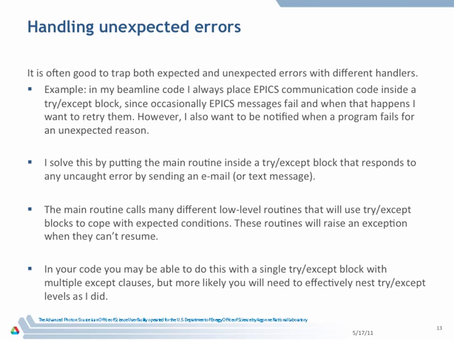We'll talk next week about doing EPICS communication. EPICS communication, at least with the CAUtil package, does trigger exceptions from time to time. You give it code that worked 50 times, 100 times, and then maybe once out of 100 times it will trigger an error. You do it again and it works. So unless you don't care that your code is going to crash that 1 out of 100 times, you put it inside a try block.